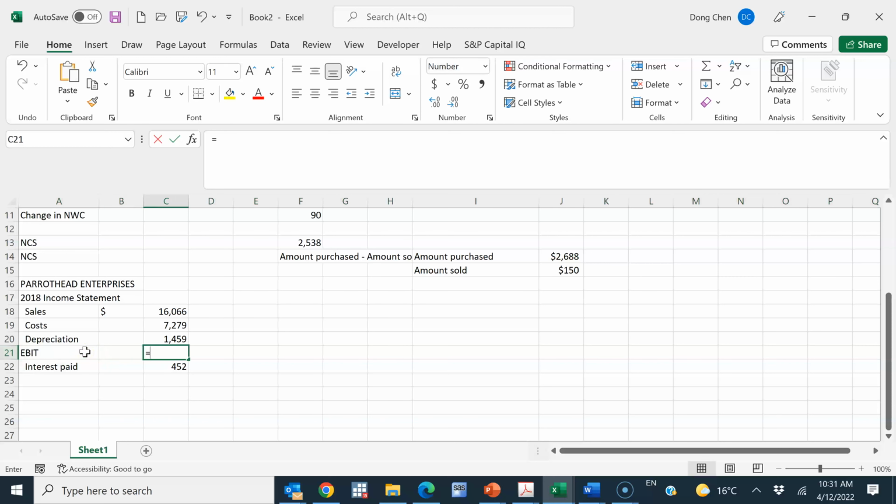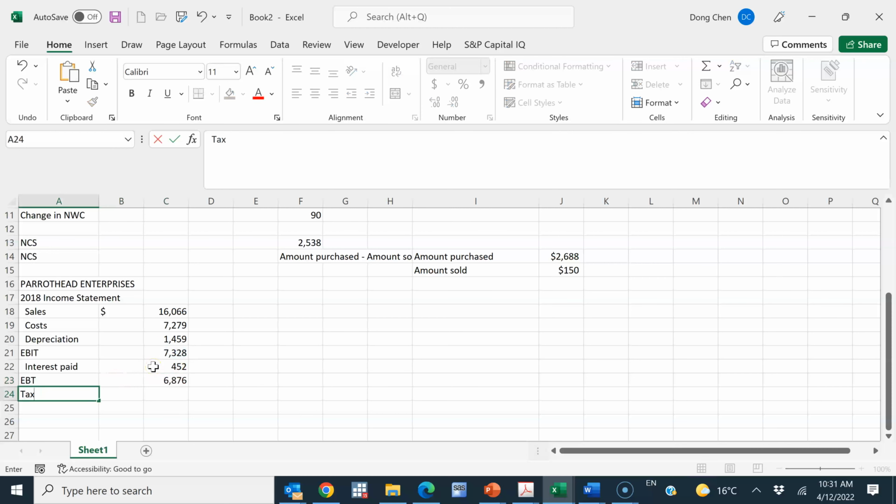EBIT is sales minus costs minus the depreciation. Then minus interest expense, we arrive at EBT, or taxable income. That's a typical income statement.